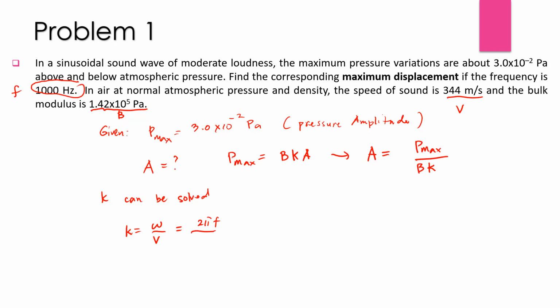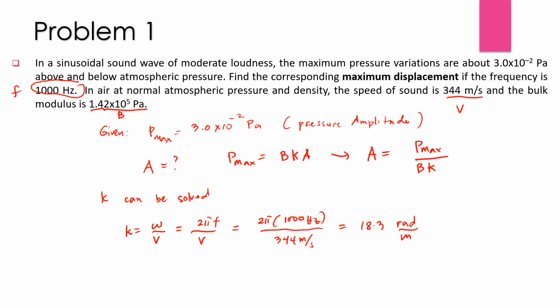So we have 2 pi f over v, which is 2 pi times 1000 hertz over the speed of sound, 344 meters per second. Therefore the wave number is equal to 18.3 rad per meter.